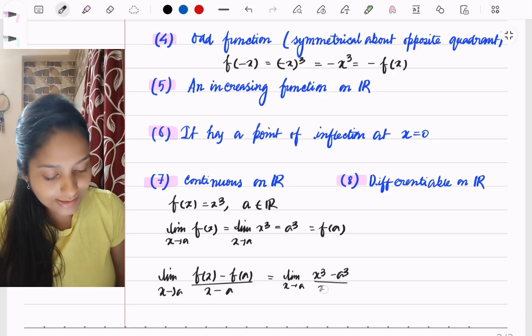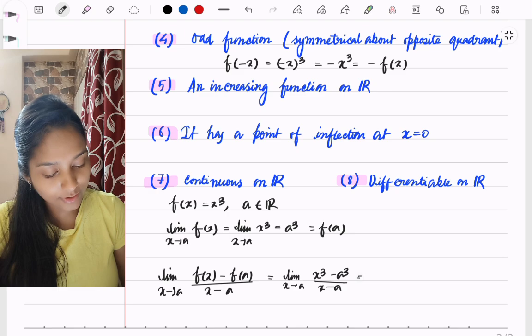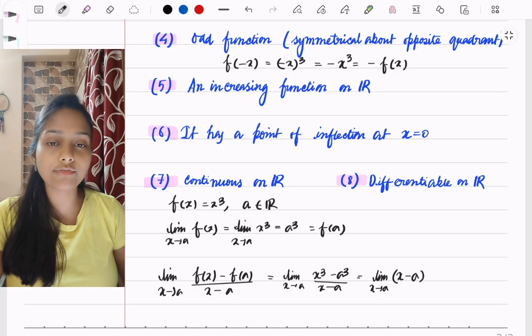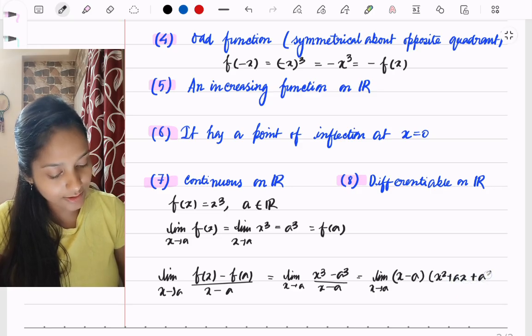If we do the factorization, we have (x - a)(x square + ax + a square) divided by (x - a).